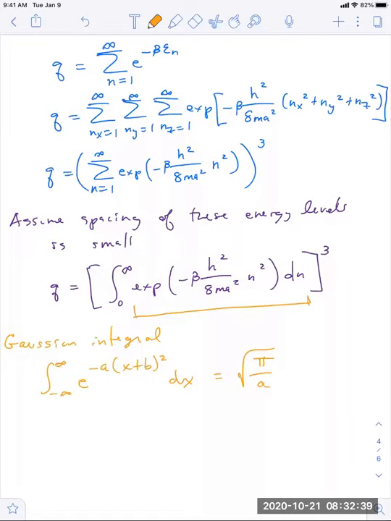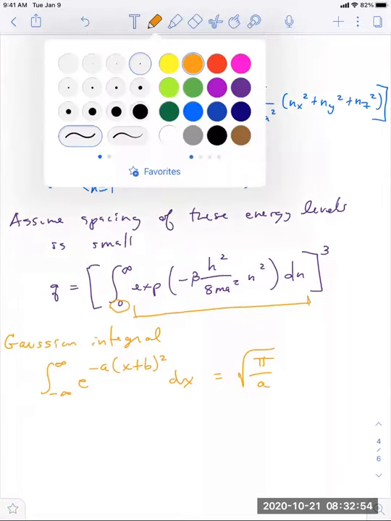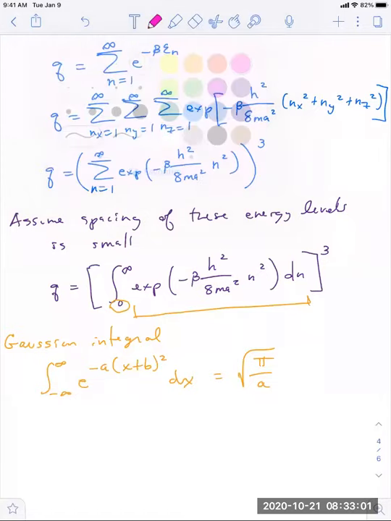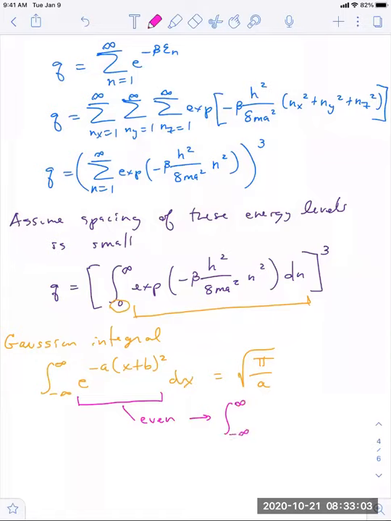So we note that there is a change in the lower limit of this integral. We know the definition of the Gaussian integral from negative infinity to infinity, but we can't have negative states. So we're only interested in the integral from 0 to infinity. But we know that this function e to the minus x squared is even. And so for an even function, the integral from minus infinity to infinity just equals 2 times the integral from 0 to infinity.